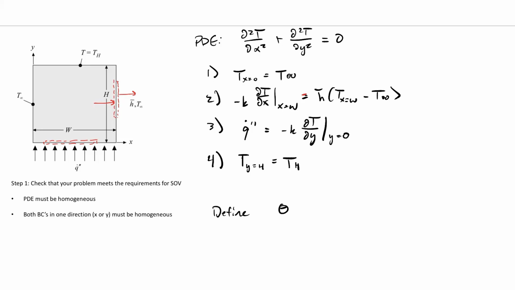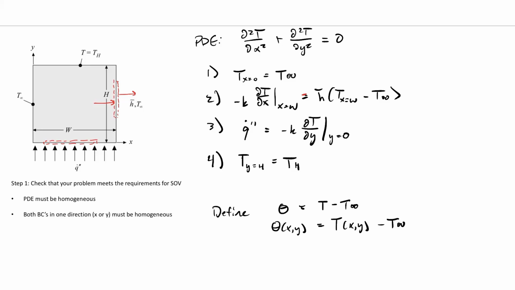So we could say that theta is equal to the temperature T minus T infinity. Okay. Note that theta is still a function of x and y, because T is a function of x and y, but it's relative to this T infinity, which is a constant.